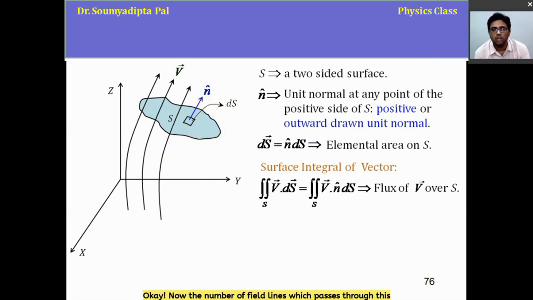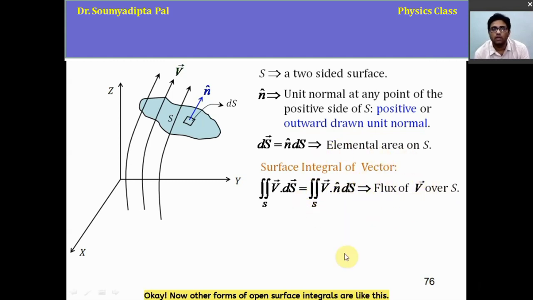Now the number of field lines which pass through this elemental surface area ds can be represented as V vector dot ds vector, and the total number of field lines which pass through the total surface area S is measured as the open surface integral of V dot ds over the total surface area S, and this is called the flux of a vector field over any surface. So this is one form of open surface integral of vectors.